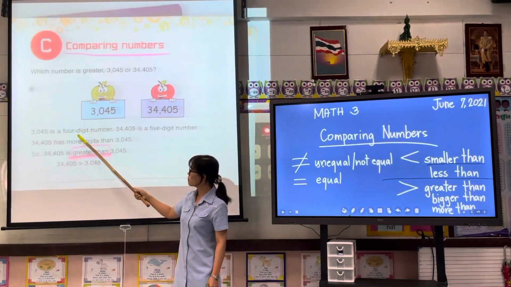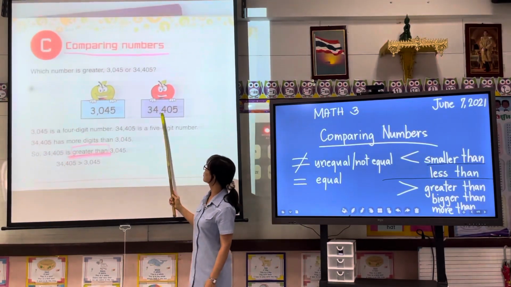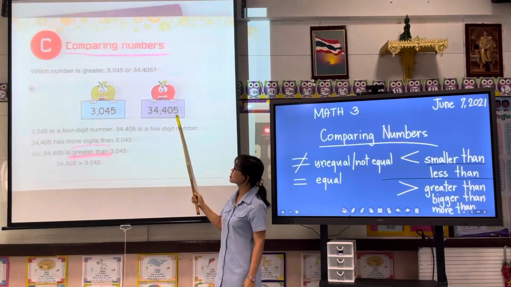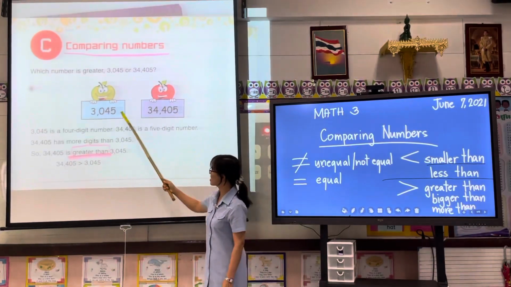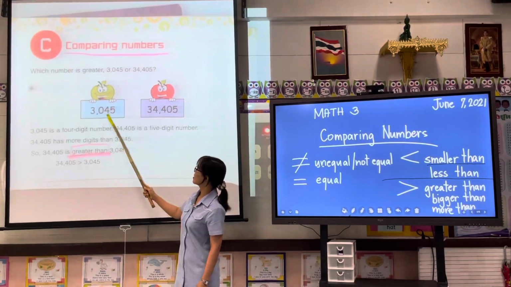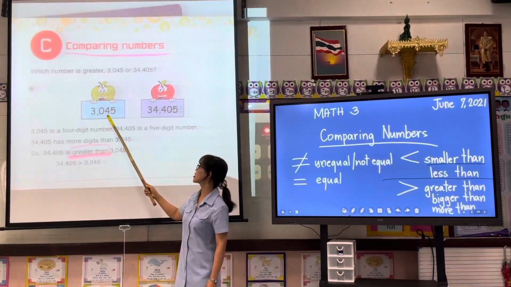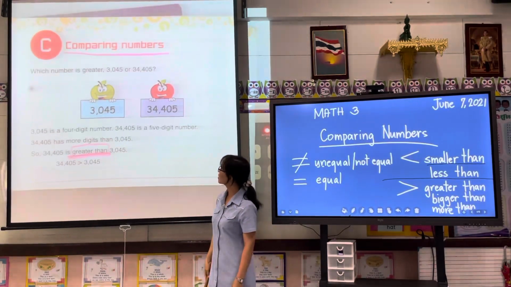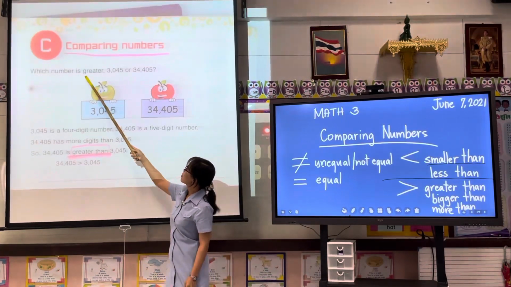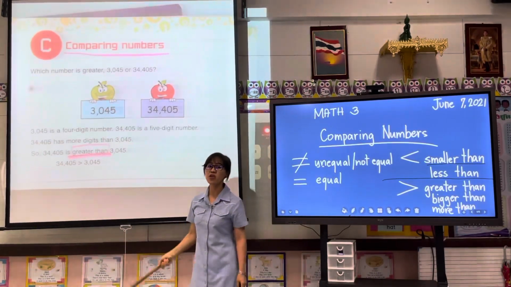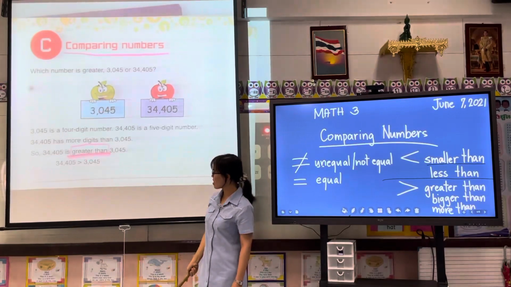Okay? So, this number, 34,405, is greater than 3,045. Right? The question is greater. Which number is greater? Okay?